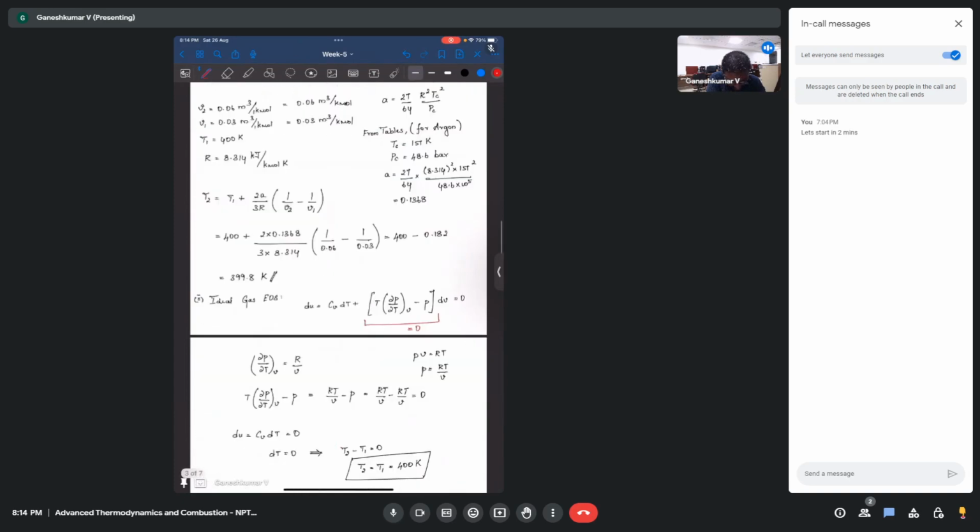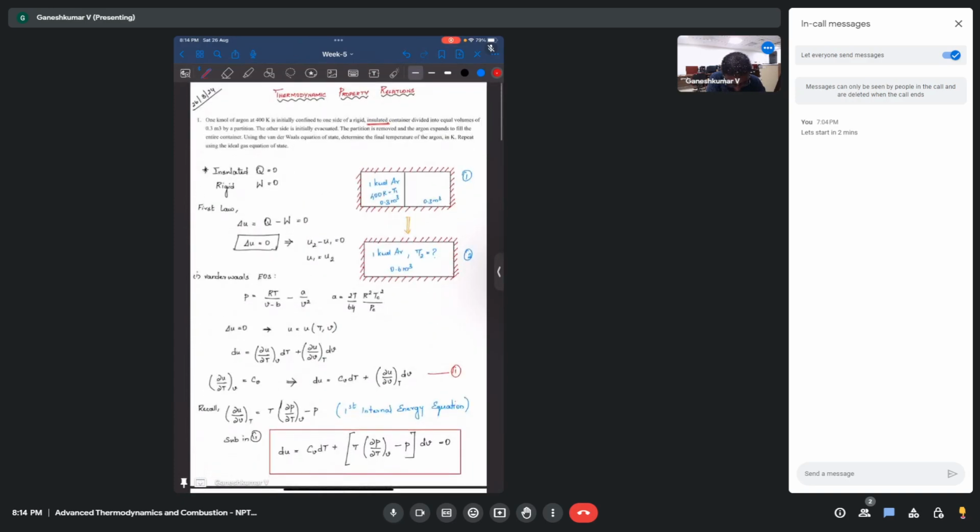Let me just quickly revise. In the first question, we need to find the final temperature of argon during this free expansion, right? When you remove the partition, during this free expansion, what is the temperature change we were asked to find? And how do we do it?